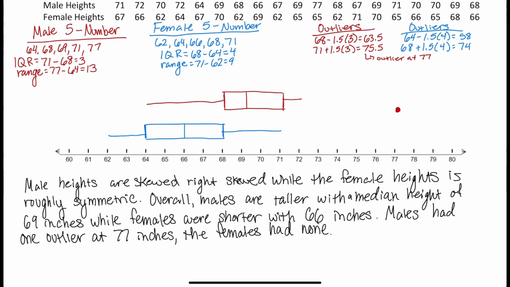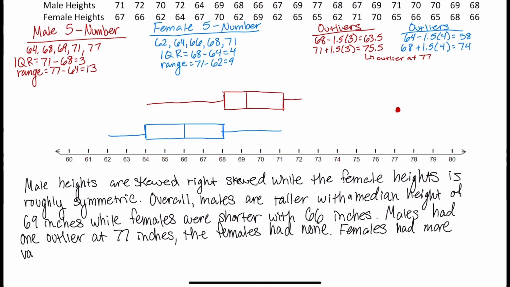And finally, talking about the spread, so talking about the IQR and the range here. If you compare them, you'll notice that the males had a smaller IQR. So we can talk about how the females, let's switch it up a little bit, had more variability.